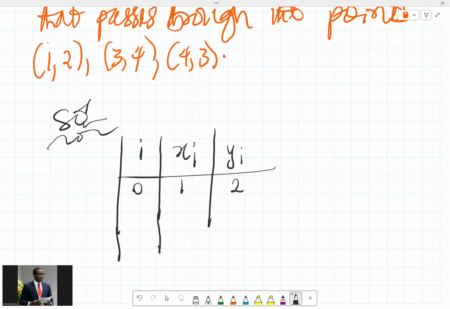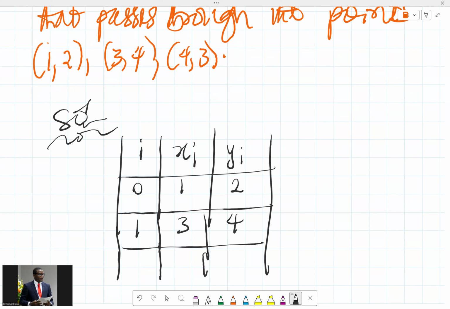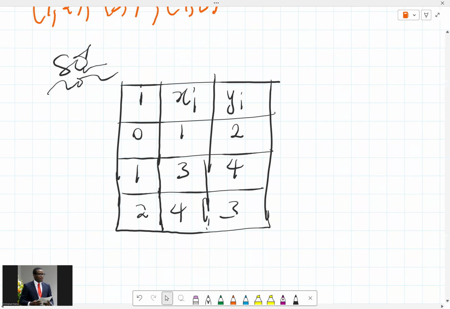And then when i is 1, we have 3 for x1, and 4 for y1. And lastly, when i is 2, x2 is 4 and y2 is 3. So it means that any polynomial we get should pass through these 3 points.